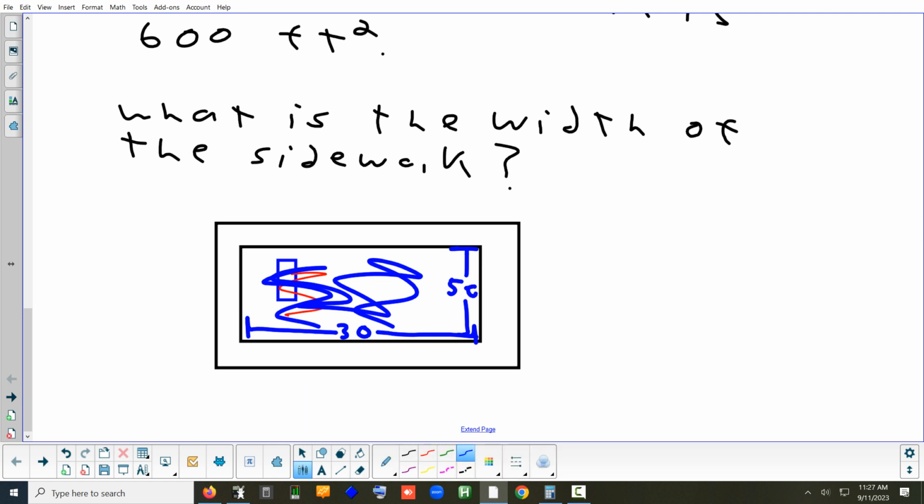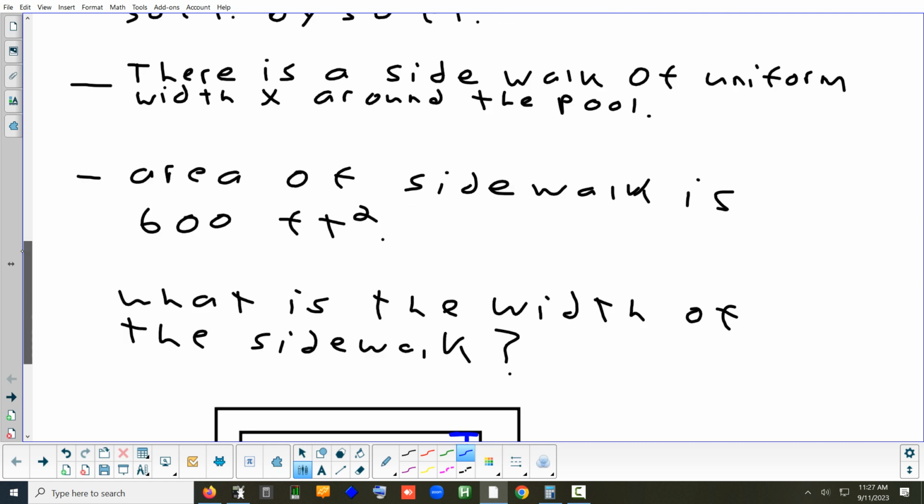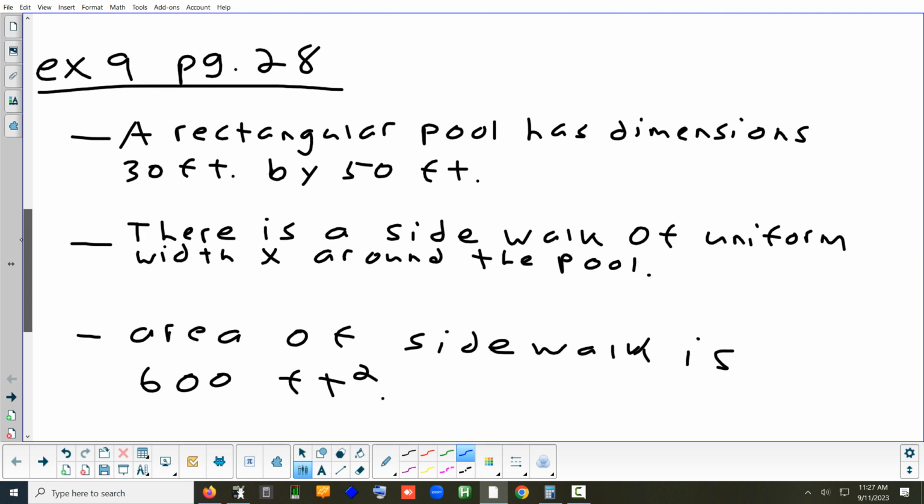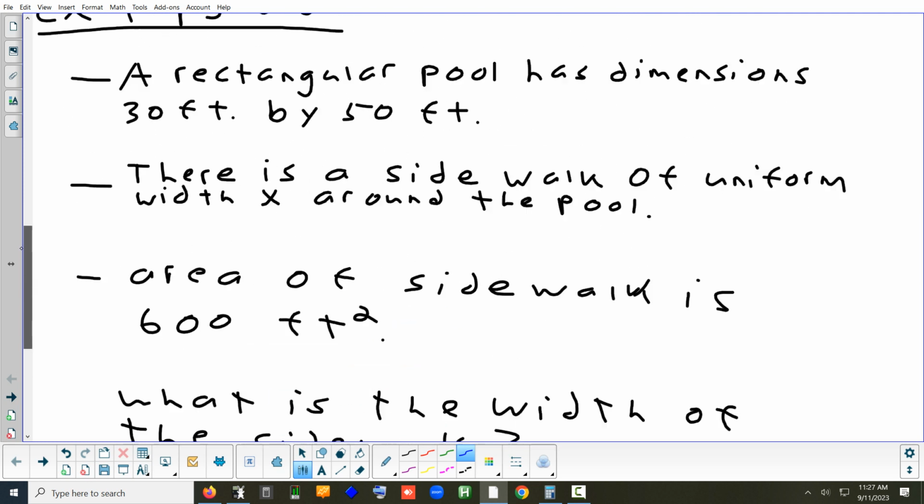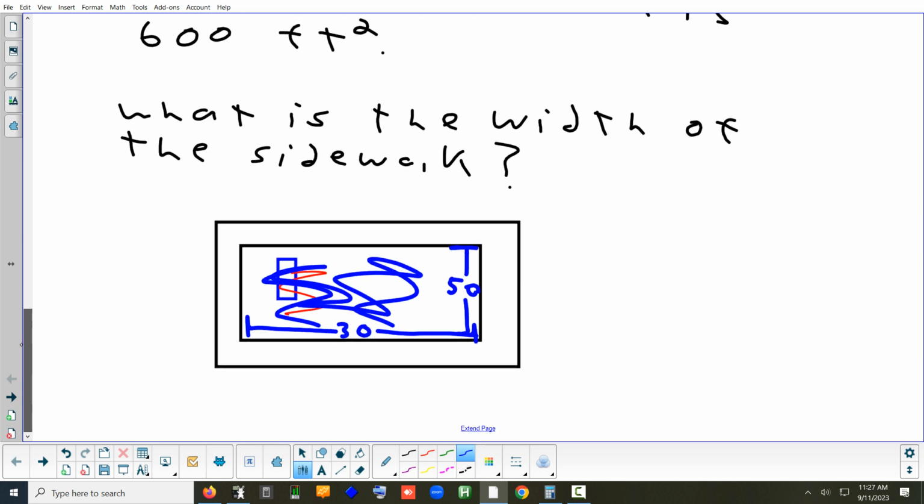Is there anything else I know in this problem? Does it matter which side is 30 or 50? It says a rectangular pool, so I would make the longer side... It doesn't really matter. Why don't I do 50 by 30 to make more common sense. But the answer is no, it won't matter.